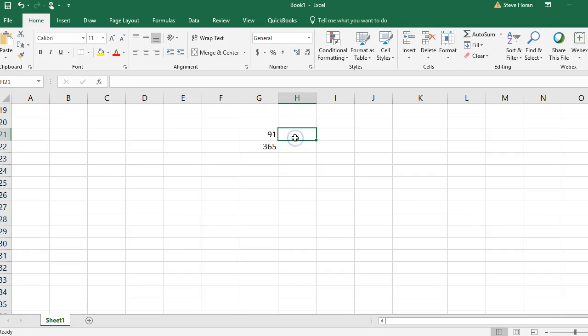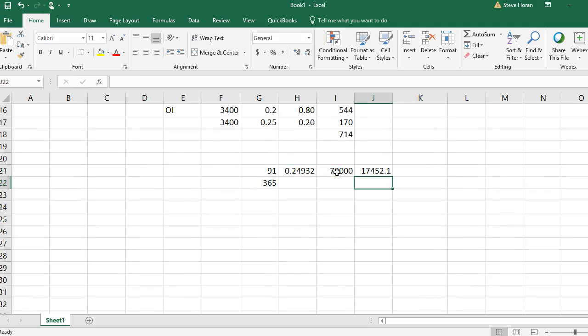So 91 divided by 365 is the percent I'm looking for, and I get almost 25%. I'm going to multiply that by the 70,000. So that percent times my 70,000 equals 17,452.